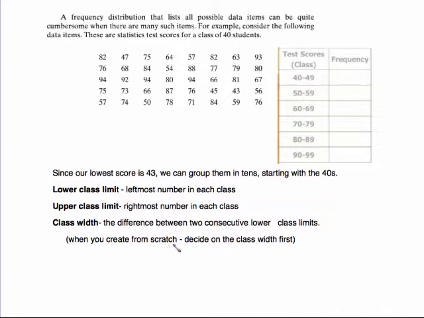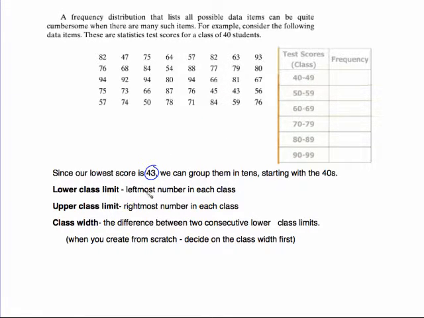So when you create from scratch, you decide on what's called the class width first. So we've got from 40 to 49, 50 to 59, and so on. If you've got a lot of numbers, you don't want to have a teeny tiny class width because you're going to be there forever marking the frequencies. So I will do the same thing. Now, my lowest score is 43, and that's why I started with 40, and then I just counted by tens.